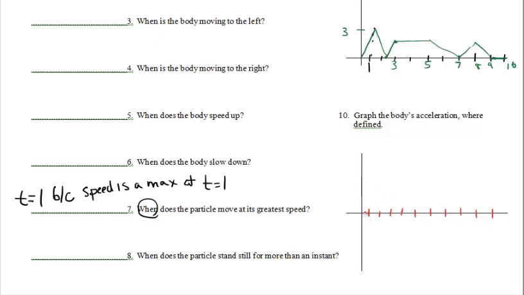Now I know that on the time interval from 0 to 1, my slope is 3. So I'm going to have a horizontal step here. I'm going to close the left, and vertically above 1, I'm going to put an open circle. Then I'm going to connect the points in between with a little horizontal step. Anywhere on that time interval from 0 to 1, I have a slope of 3.